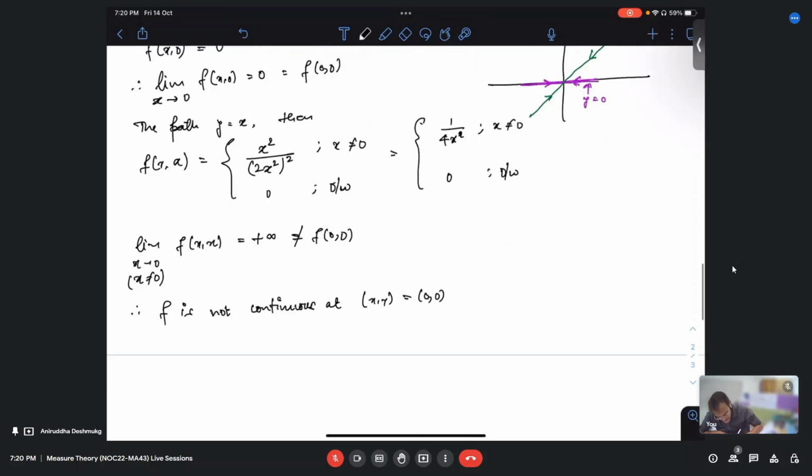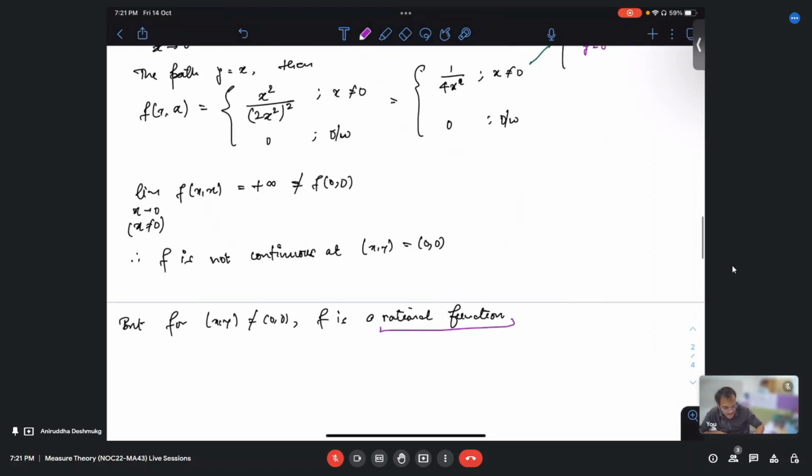But for any xy which is non-zero, f is a rational function. And what do we mean by a rational function? It means that it is the division of one polynomial by another, the quotient of non-zero polynomials.